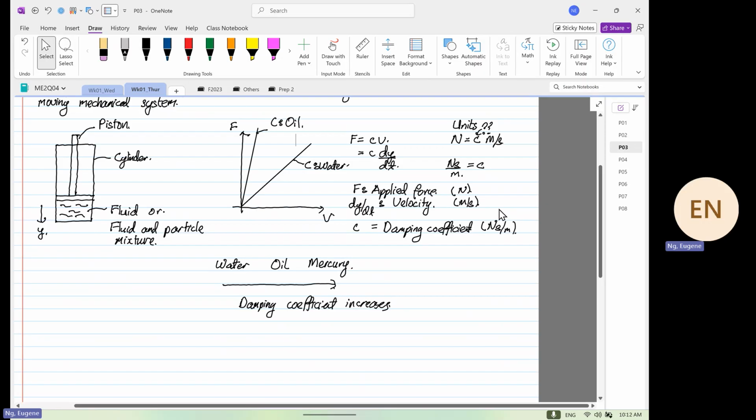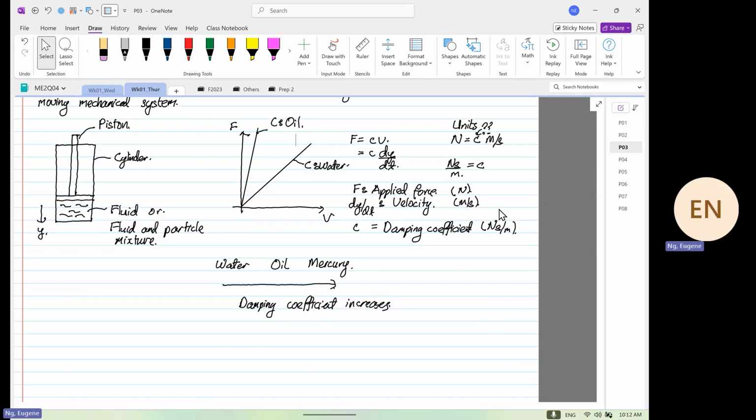So if you want to change your damping, okay, one of the easiest ways is to change the fluid inside. Now there are technologies that they use fluid mixed with what? Particle.